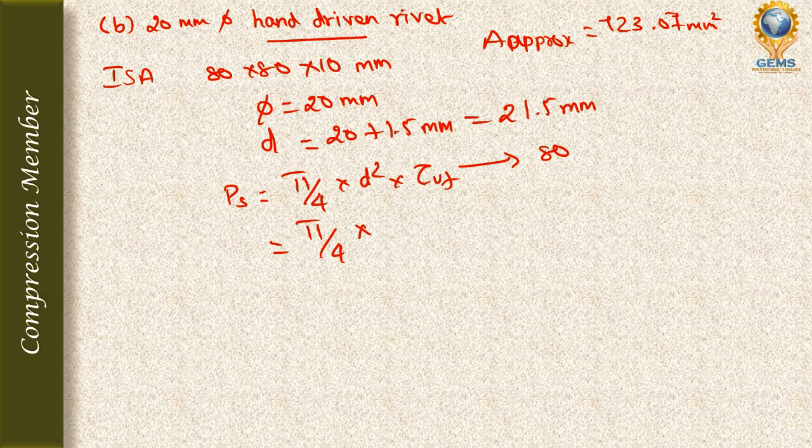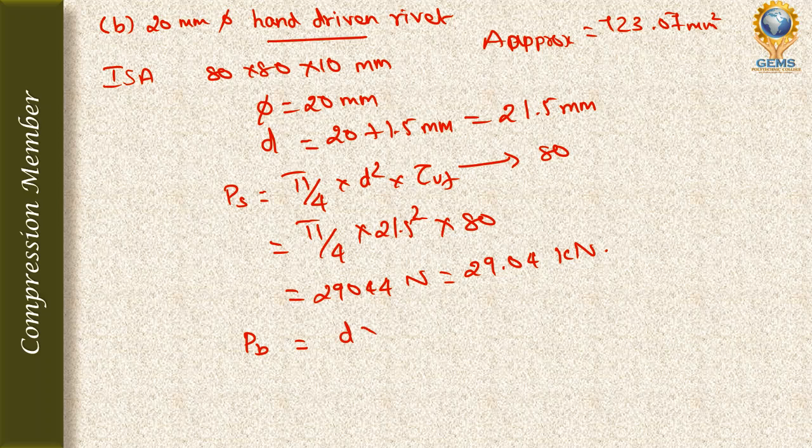Pi by 4 into 21.5 square into 80 gives 29044 Newton, equal to 29.04 kilonewton. And the strength of the rivet in bearing is d into t into tau Vf, here 250 Newton per mm square.